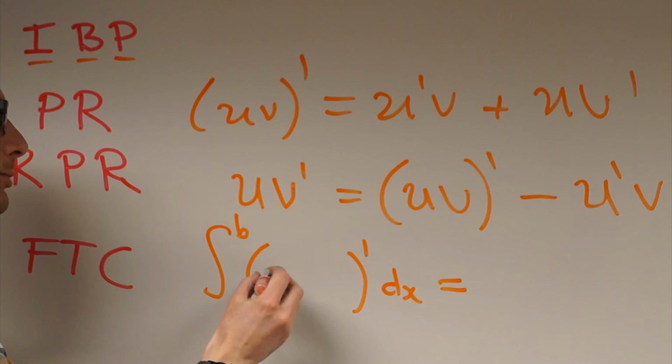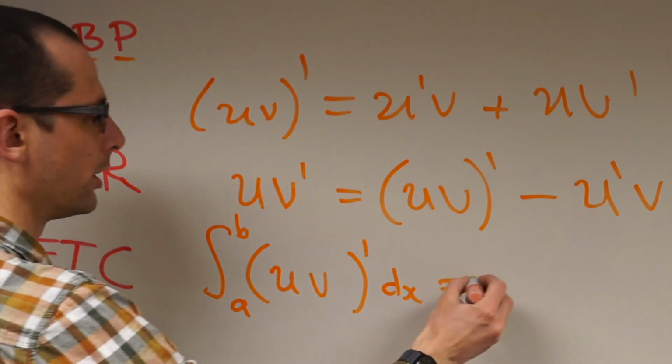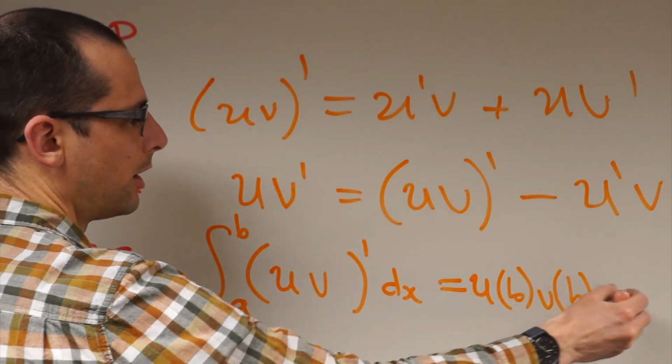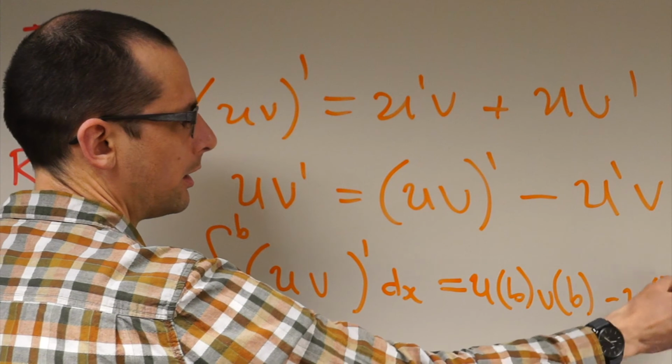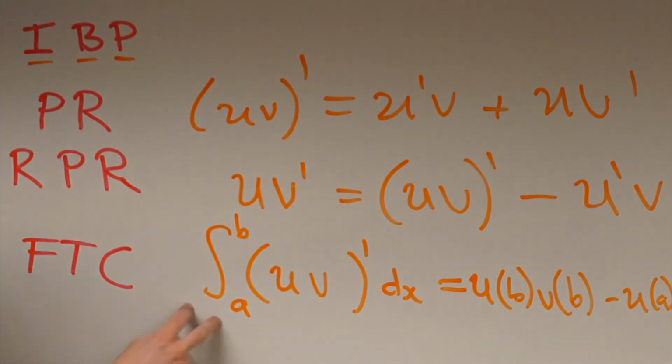What if the stuff has a special form, u times v? Then you would have u of b times v of b minus u of a, v of a. Is that a fair statement? So the integral of a derivative is just the original function back again. That's what you need in order to do integration by parts.